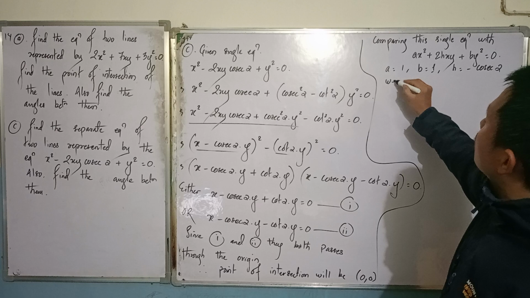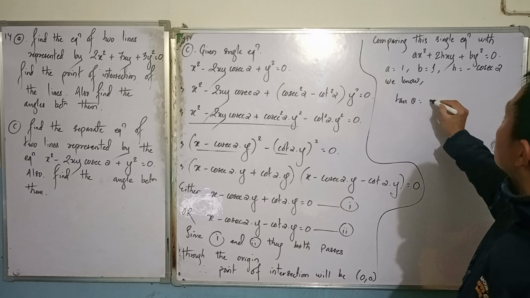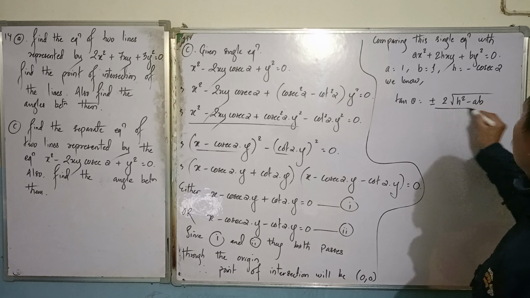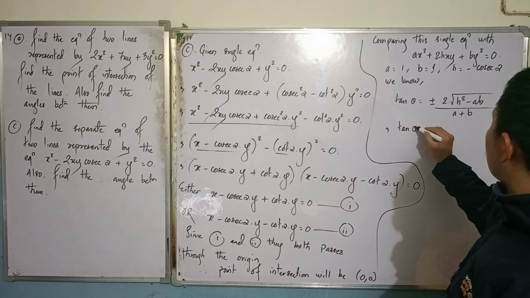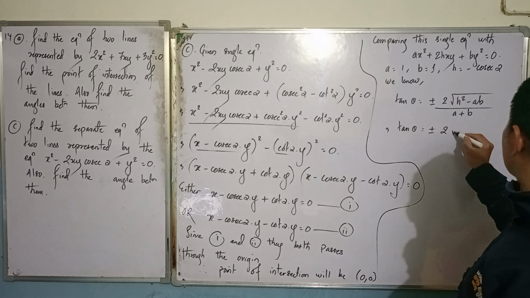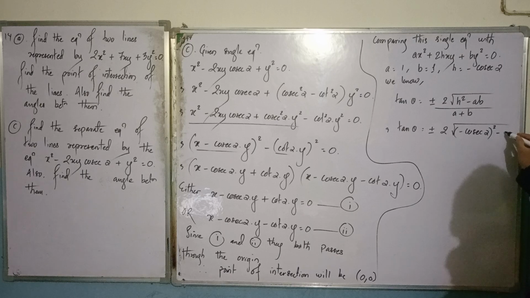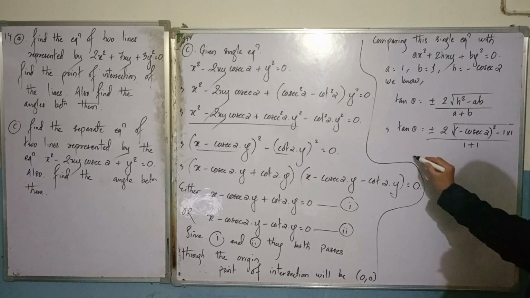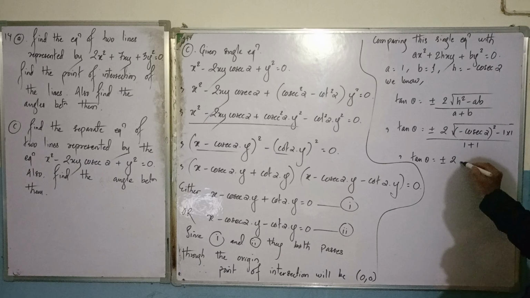Then we know tan theta equals to plus minus 2 times under root h squared minus ab divided by a plus b, or tan theta is equals to plus minus 2 under root of minus cosec alpha whole square minus a, we have 1 and b also 1, divided by 1 plus 1, or tan theta is equals to plus minus 2.